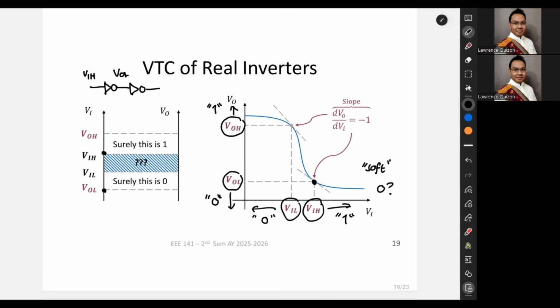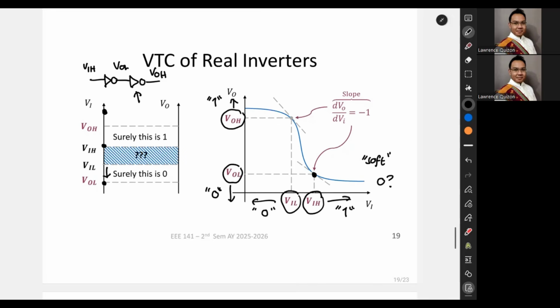And this V out low is well within a margin of something that's considered low for the next inverter. So the next inverter will be very squarely in the output high region.